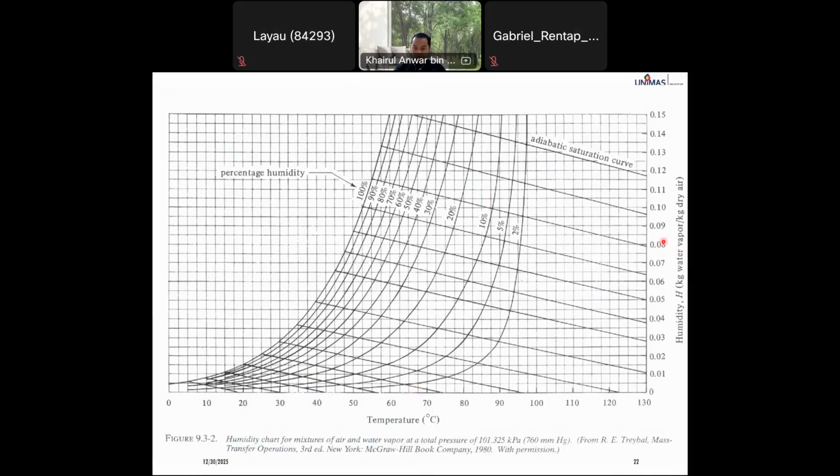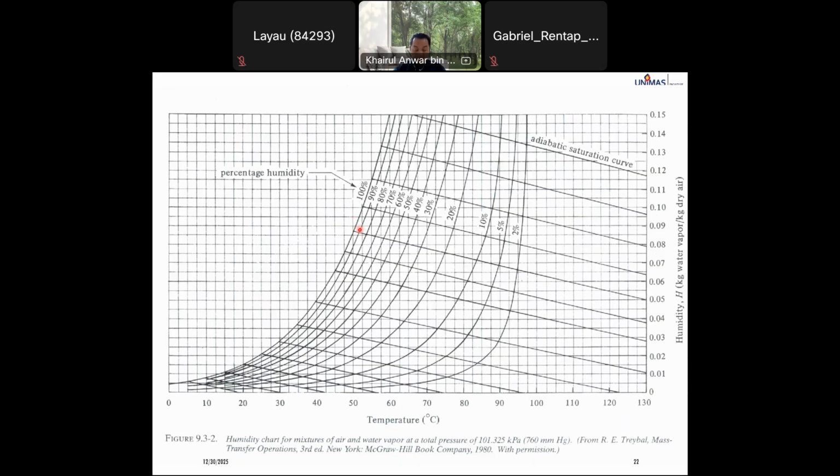This is the humidity, the Y-axis, the humidity H. The X-axis is the temperature. The temperature here is also known as the dry bulb temperature. So we also have wet bulb temperature.